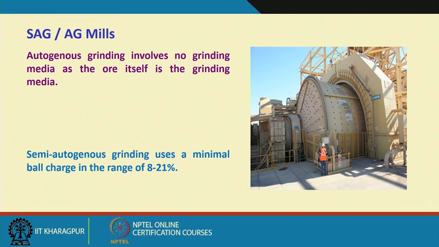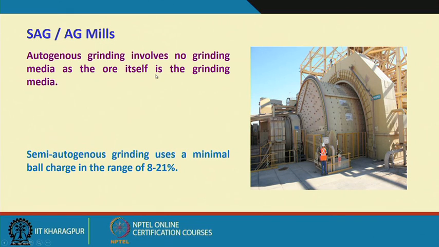So, many attempts are being made. These days image processing techniques are also being used for monitoring the profile inside the liner, or even the lifters when they are getting worn out. This information is sent to the control room, and then you can take appropriate maintenance related decisions.